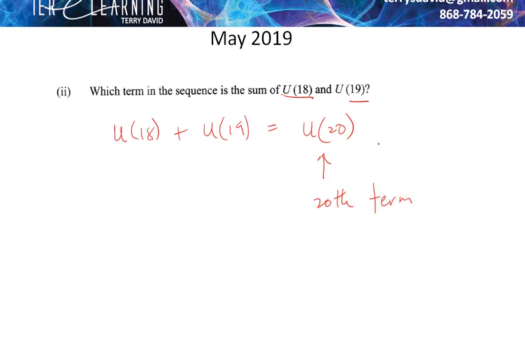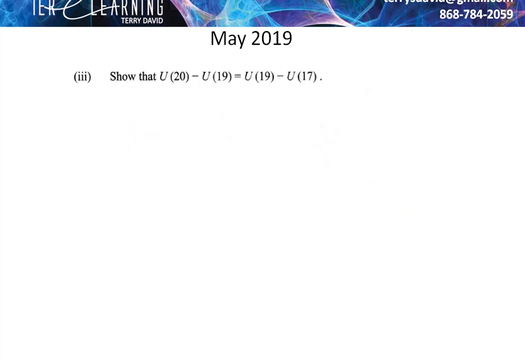Or U20, all right? And then the last part now, they said show that U20 minus U19 is equal to U19 minus U17. Now, remember, to get my new terms, so let's go. U17, my 17th term, right?